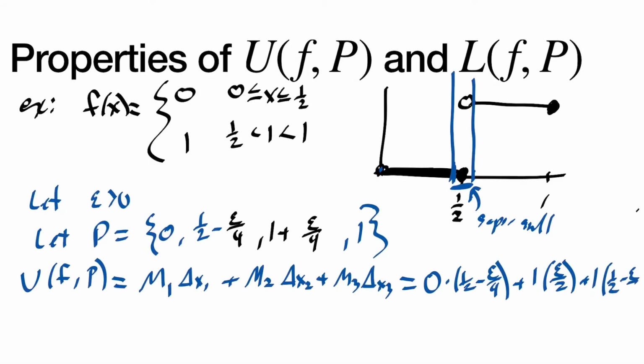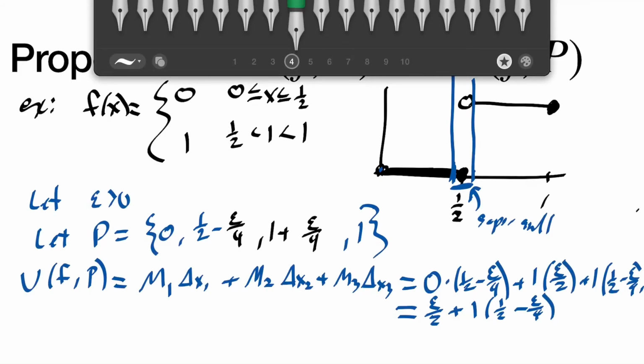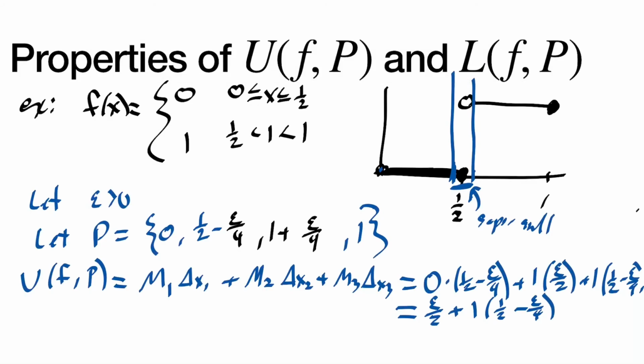And now if I look at this last term, the maximum value is 1, and its distance is 1/2 minus epsilon over 4. So what is my upper? When I put it all together, my upper is epsilon over 2 plus 1 times 1/2 minus epsilon over 4.